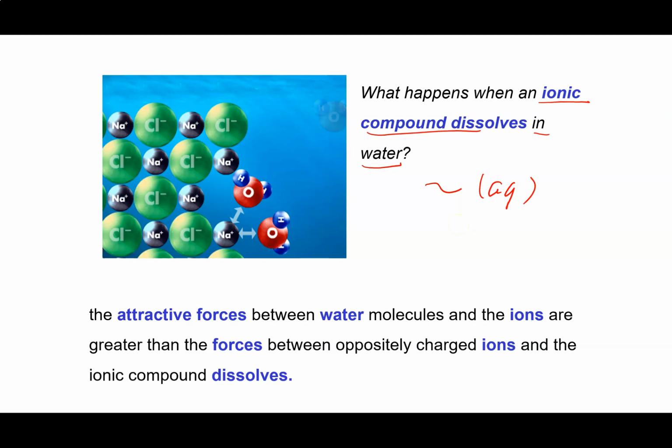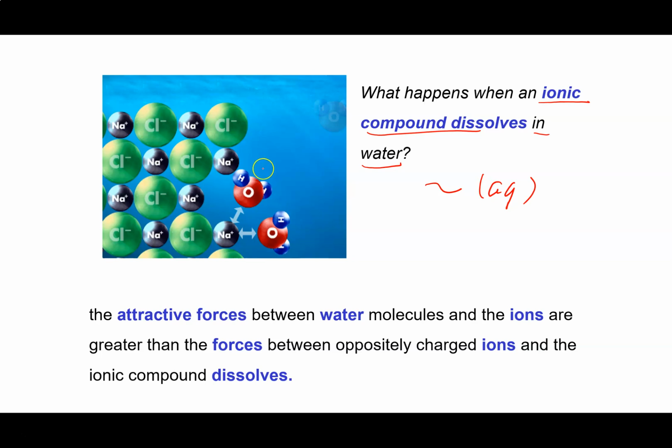So what's going to happen is that there will be some attractive forces between the solvent molecules, in this case water, and the surface of our solid ionic compound. And what will happen is these water molecules will start tugging on the ions that are on the surface of our crystal, and if they can give enough of a tug, then they will be able to break the ion away from the surface, and the ionic compound will begin to dissolve.